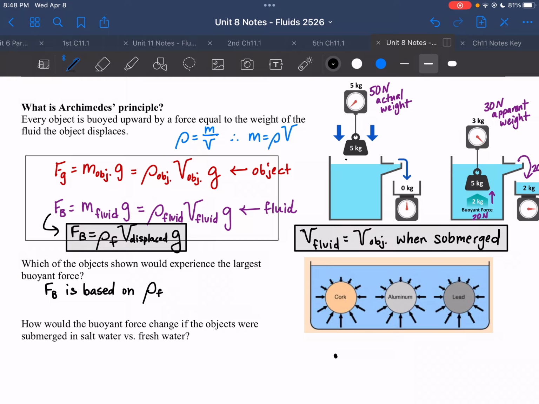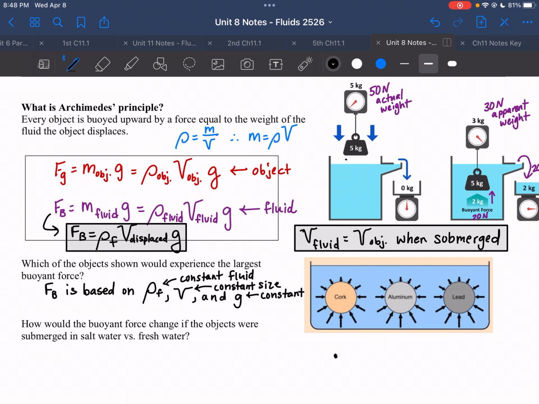These are all in exactly the same fluid, so that is constant. So that's going to stay the same. Then we have the volume. They are the same size, so that's going to stay the same. And the acceleration due to gravity, which is also going to be constant.